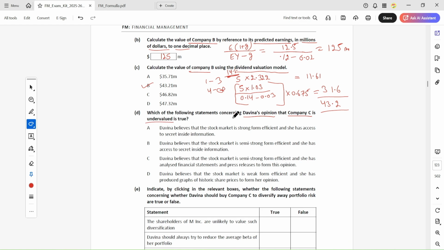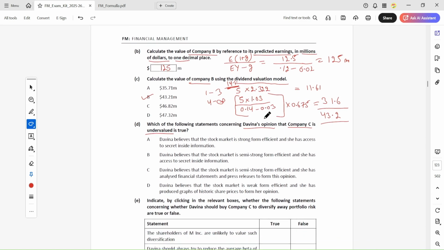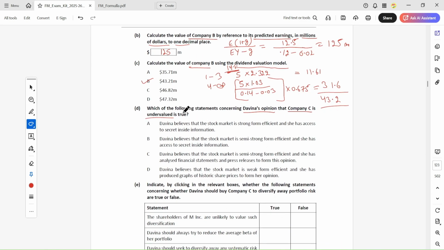So why does Davina feel that company C is undervalued? We have to find the reason, which is the true, correct reason. Davina believes that the stock market is strong form efficient and she has access to secret information.